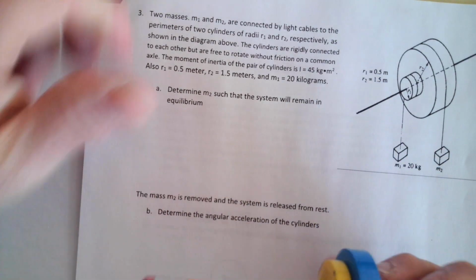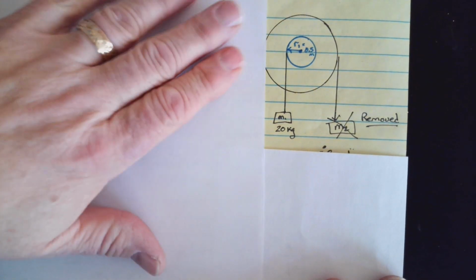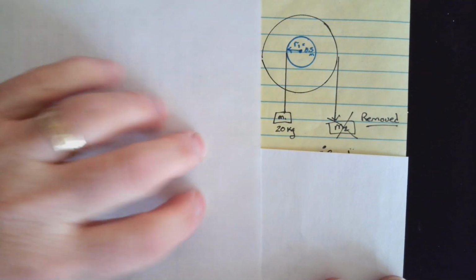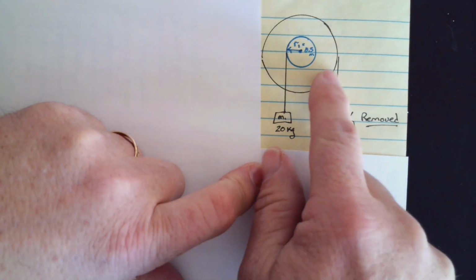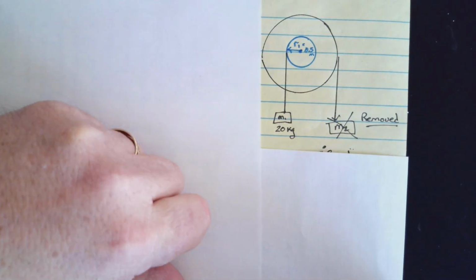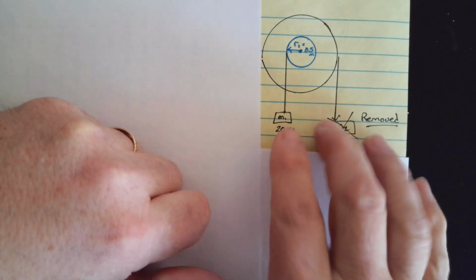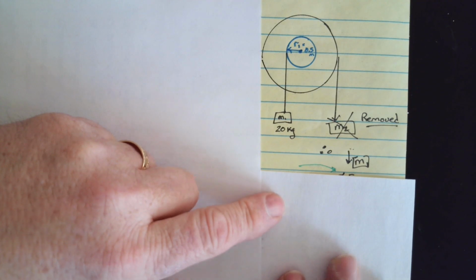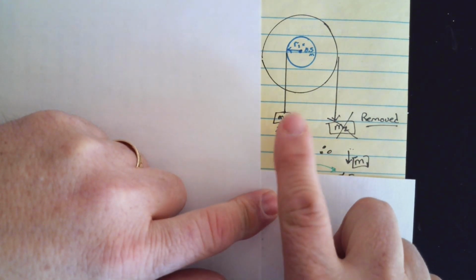Well, there are a couple of things I know that can help me on this problem. First, again, I like the side view. It's a little easier for me to see what it is. We're removing this one. It is going to spin this direction, and it's going to spin at the same rate that this mass falls.